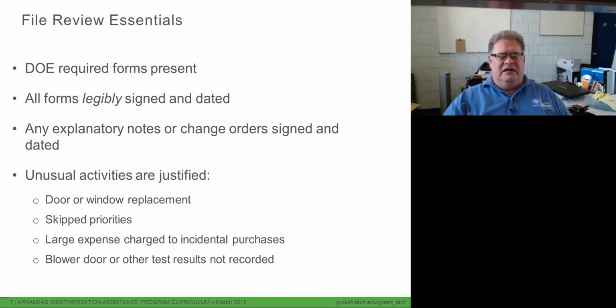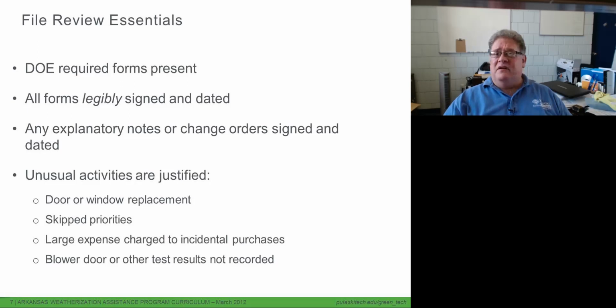Okay. So any unusual activity like door or window replacement, skipped priorities. If we did not do something on the priority list, why did we not do it? We need to document that. If we have a large expense, if we have $300 in incidental repair money and we spend $280 of that on a particular thing, we should probably justify why we have that large incidental expense.